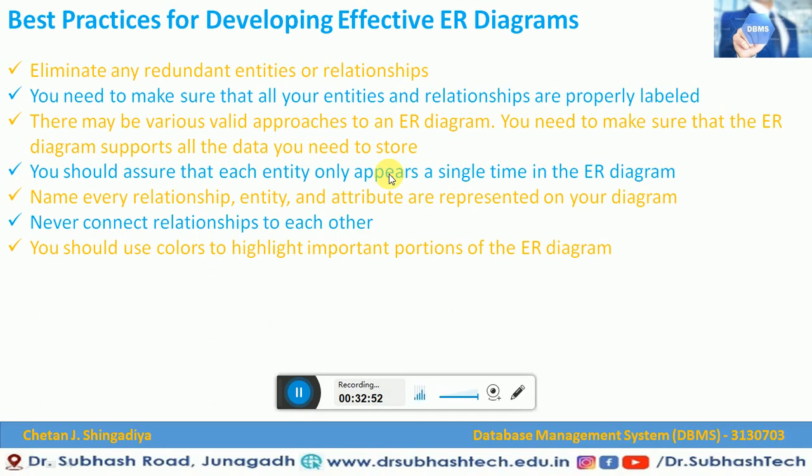Never connect a relationship to another relationship. This is important. While creating an ER diagram, we are not going to connect relationships to each other. You should use colors to highlight the important portions of the ER diagram. So these are the best practices while developing an effective ER diagram for a database design.